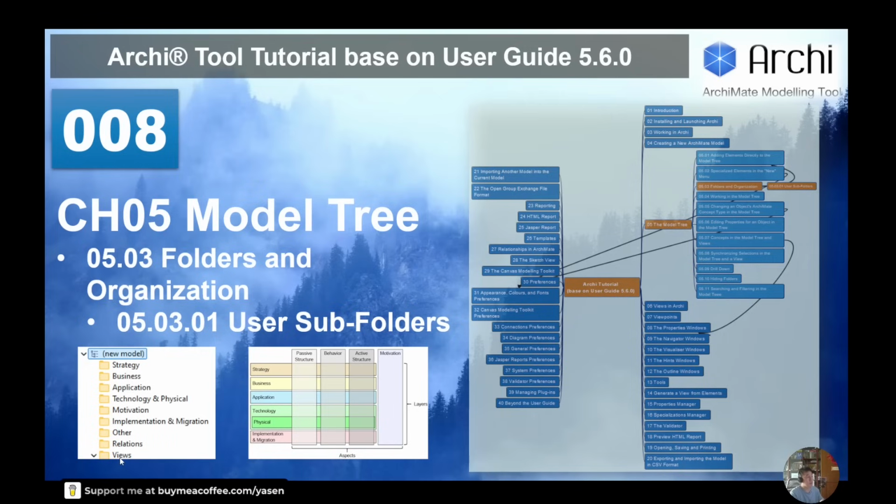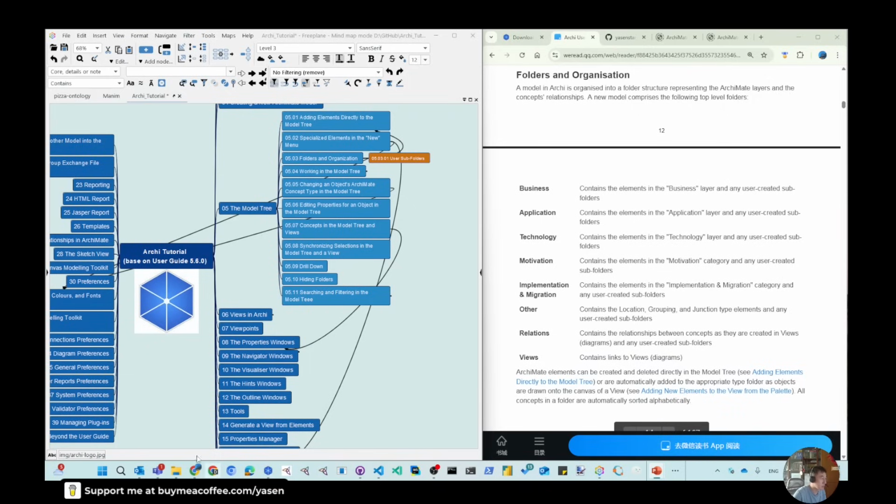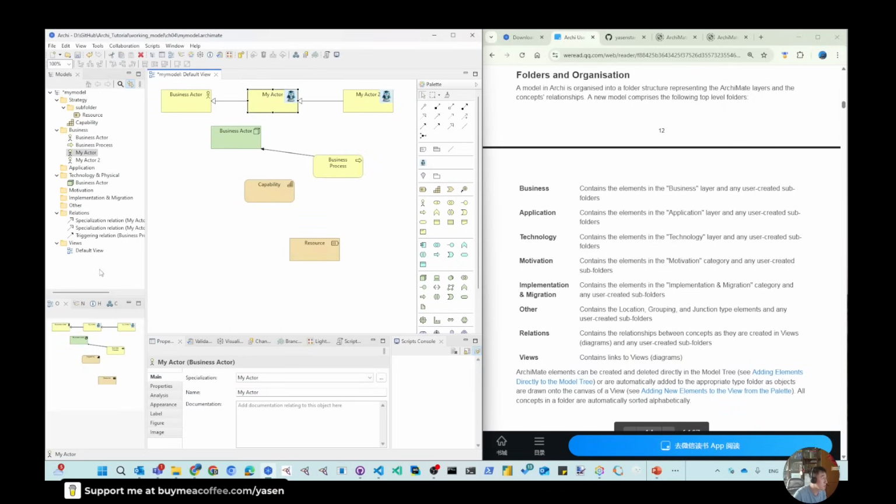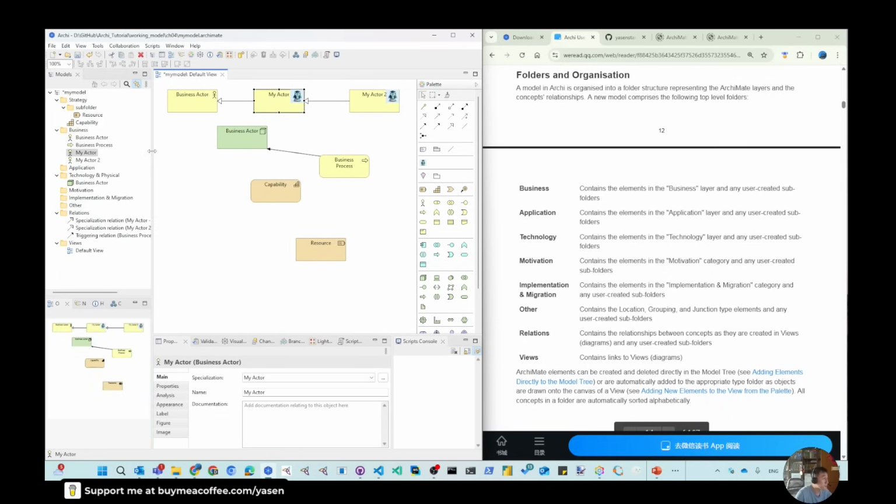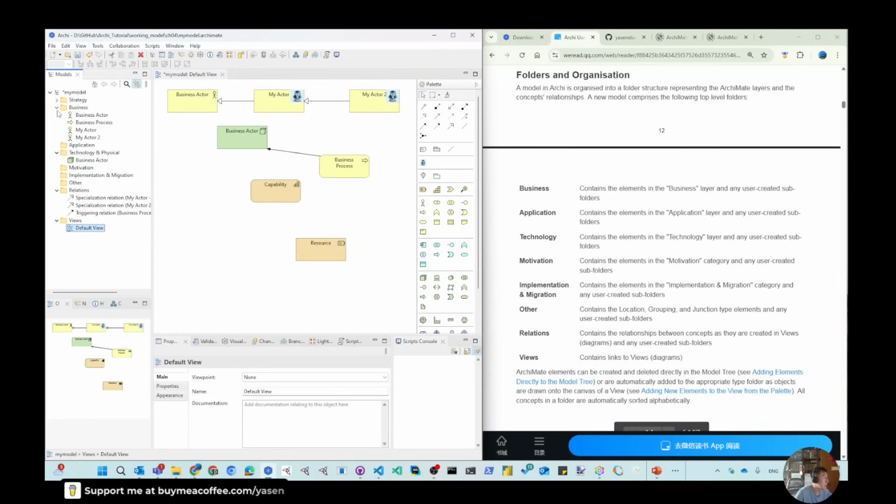When you remember, when we click new model, all the folders are empty except the Views folder, which has our standard sample view. If I come to the default view, and we still use the chapter 4 sample model, we have already created some elements here.